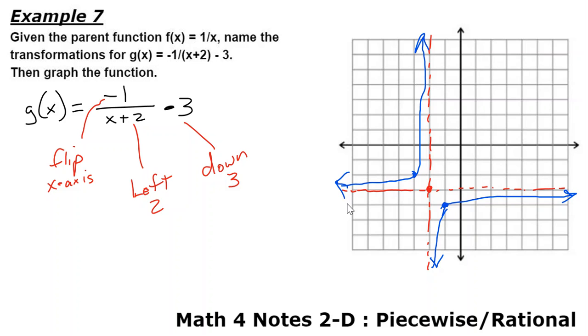As we flipped the axis, we went left 2 down 3, and that's where our meeting of asymptotes, that center, is going to be. Now I will say this, as far as stretching or flattening, that's going to show up on top of the fraction. Instead of a 1, it'll be a 2 or a 3 or a 0.5 on top, something like that.